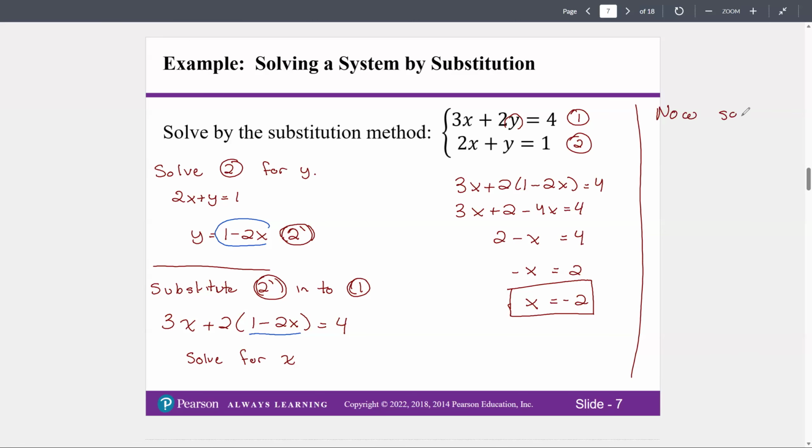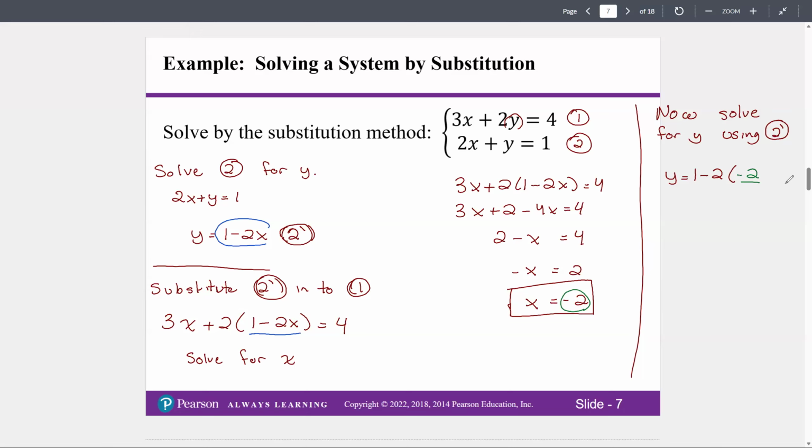Now we're going to solve for y. And what we could do is usually we just use this line here. So we just use that 2 prime that we had, because we already set it up for y. So we got y is equal to 1 minus 2x, and we just said that x is -2. So we're going to put -2 right here.